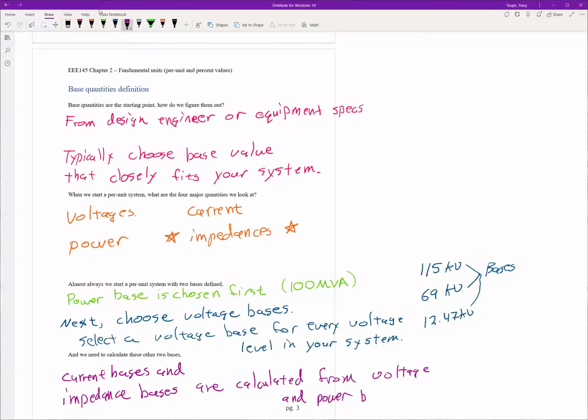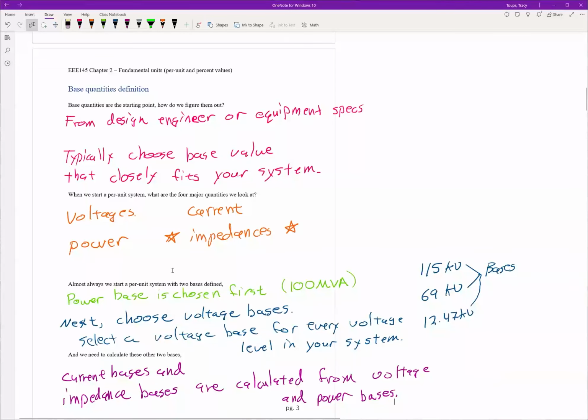Okay. And we could just use basic Ohm's law and P equals VI, that type of stuff, right? So in the end, when you start a per unit system, power is the first thing you choose, voltage is the second thing you choose, and the current and impedances are calculated afterwards.